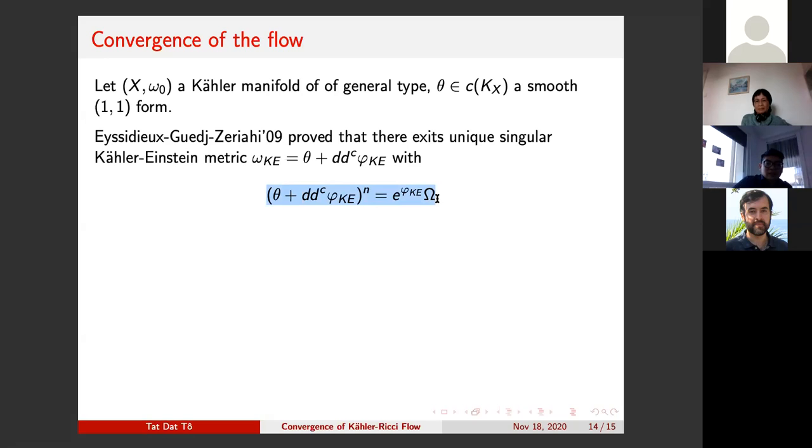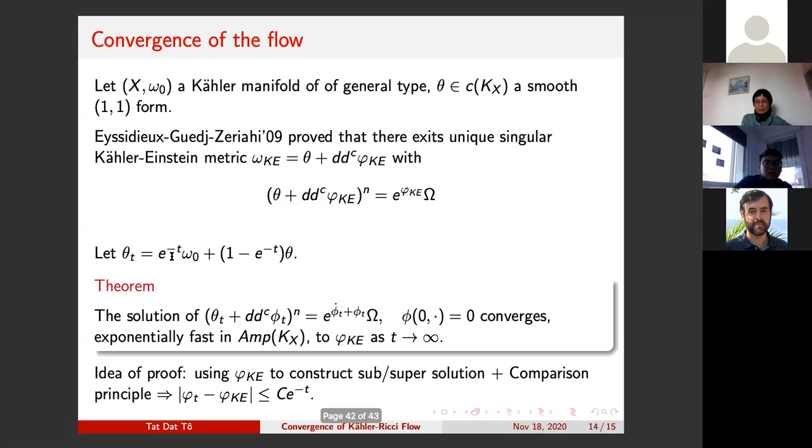Okay, so for theta_t defined as last time, we can see that in fact the solution of our flow, the normalized Kähler-Ricci flow, will converge exponentially fast in the ample locus to the potential of the Kähler-Einstein metric as t tends to infinity.